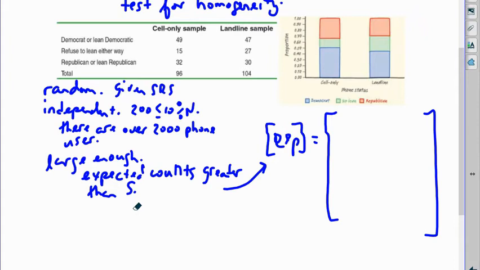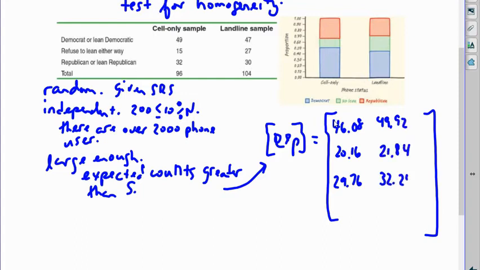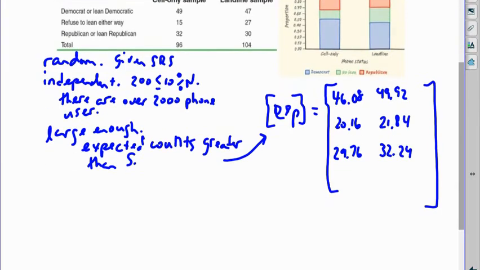Let's write these expected counts: 46.08, 20.16, 29.76, 49.92, 21.84, 32.24. So I've done that. Now that means I have my conditions met.